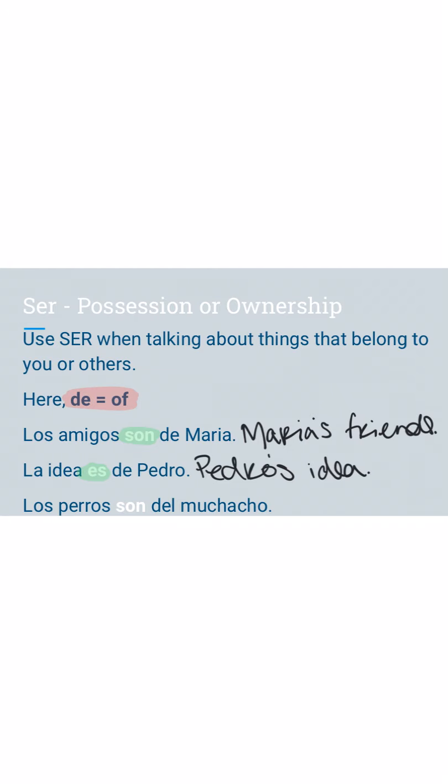The next one we see, los perros son del muchacho, or the dogs are of the boy. In other words, are you following along? We're looking at the boy's dogs. Now, do you notice any similarity between these three sentences in Spanish?